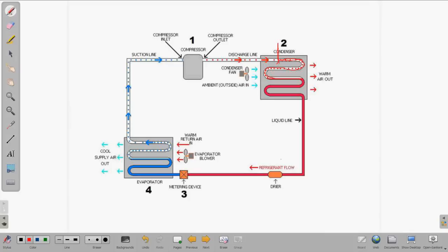What it is, this refrigerant gets backed up into this coil, and it sits there waiting to get fed through to the metering device and sits in that condensing coil for a longer period of time, so it begins to subcool even more. So instead of having 10 or 12 degrees of subcooling, you may have 15 or 20 degrees of subcooling as it leaves the condensing coil. And that is why you have high subcooling.